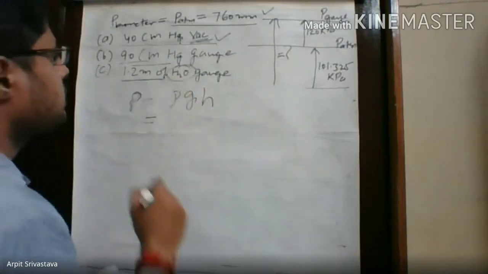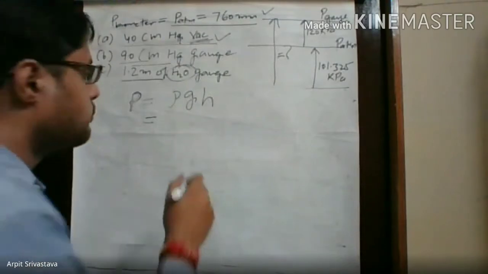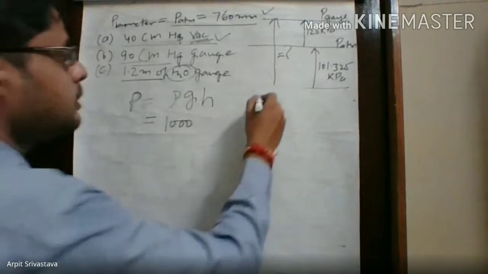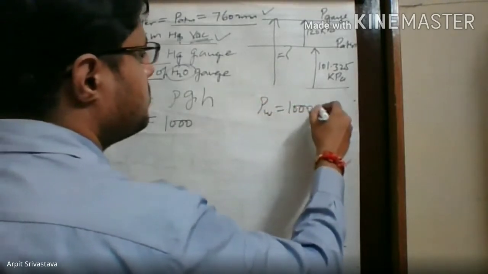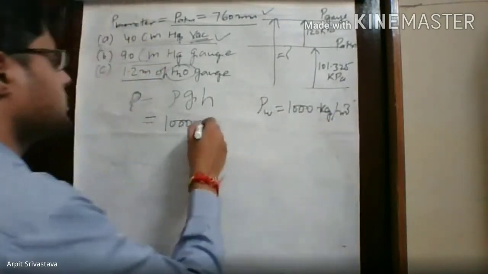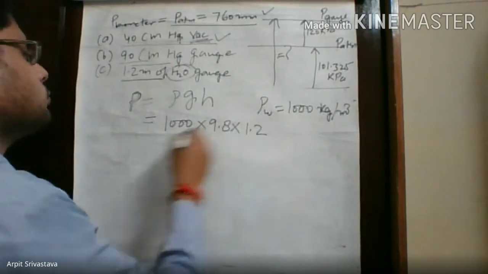Okay, so here 1.2 meter of H2O gauge, that means the density of water we have to consider, that is 1000 kg per meter cube. Density of water, as all of us know, that value is 1000 kg per meter cube. So 1000 multiplied by 9.8 multiplied by 1.2.